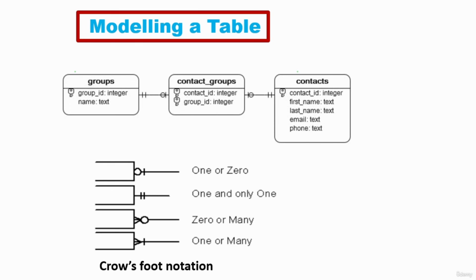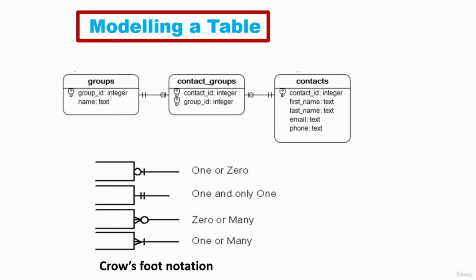Each contact has the following information. We'll have the first name, last name, email, and phone. Both the email and the phone number have to be unique, and to make them unique you have to apply a constraint to that.